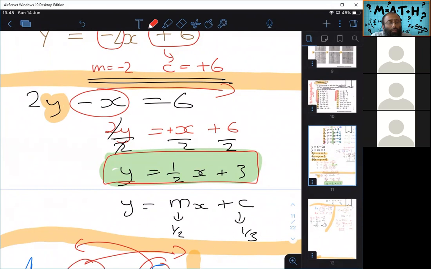Okay, next we have, Layla, what's the opposite of multiplying by 2? Divide by 2. And you have to divide everything by 2. So what is x divided by 2? What is it the same as? 0.5. Half x. If you divide x by 2, you can move the divide by 2 to one side and write it as a multiplier half x. So Eliza, what's 2y divided by 2?